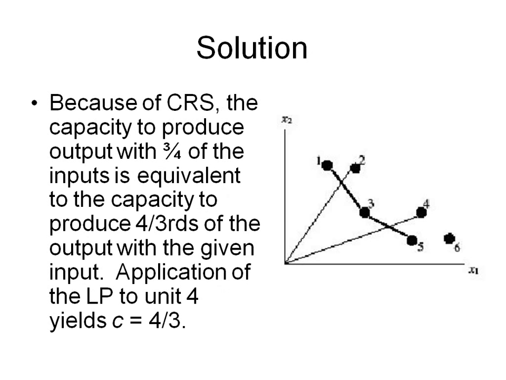All right, because of constant frequency scale, the capacity to produce output with 3/4 of the inputs, well, that is not very exact, I think. By how much can we contract decision-making unit 2? I claim you can contract it by 25%.